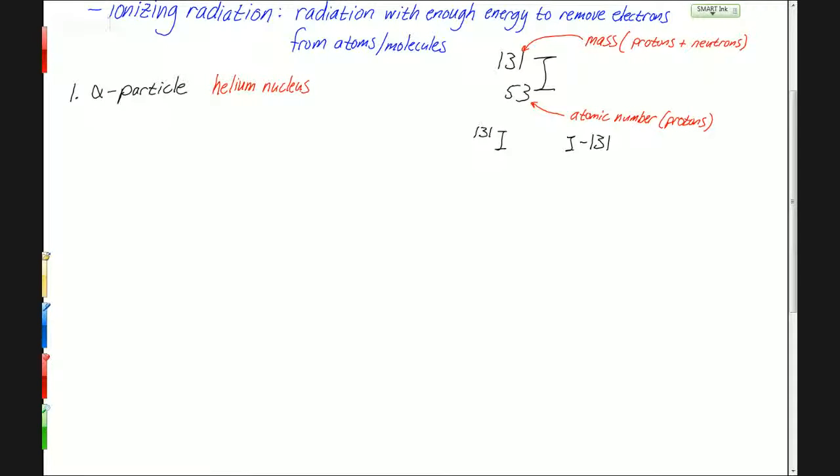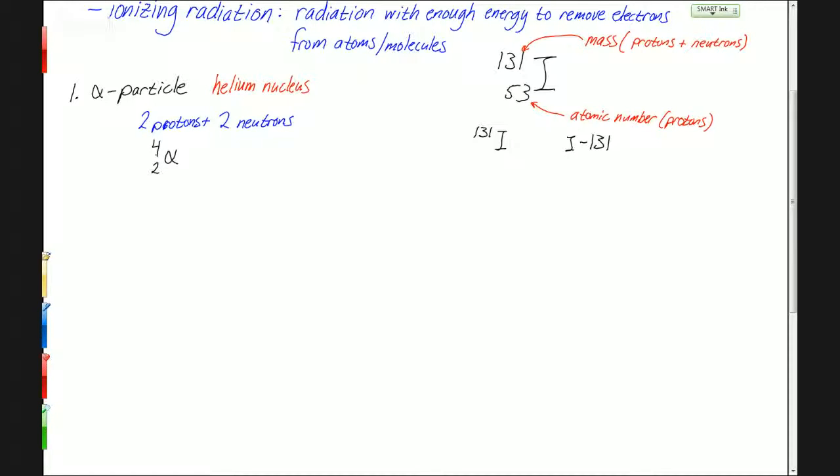That is, it's a nucleus, or a particle, that has 2 protons and 2 neutrons. So it's written in one of 2 ways. It can be written as an alpha particle with just a symbol of alpha, and 2 protons and 2 neutrons makes an atomic mass of 4.